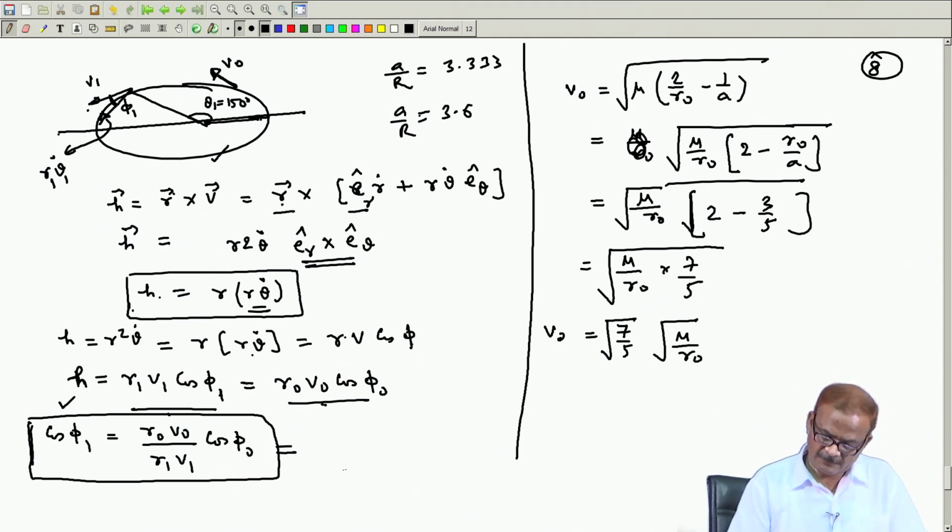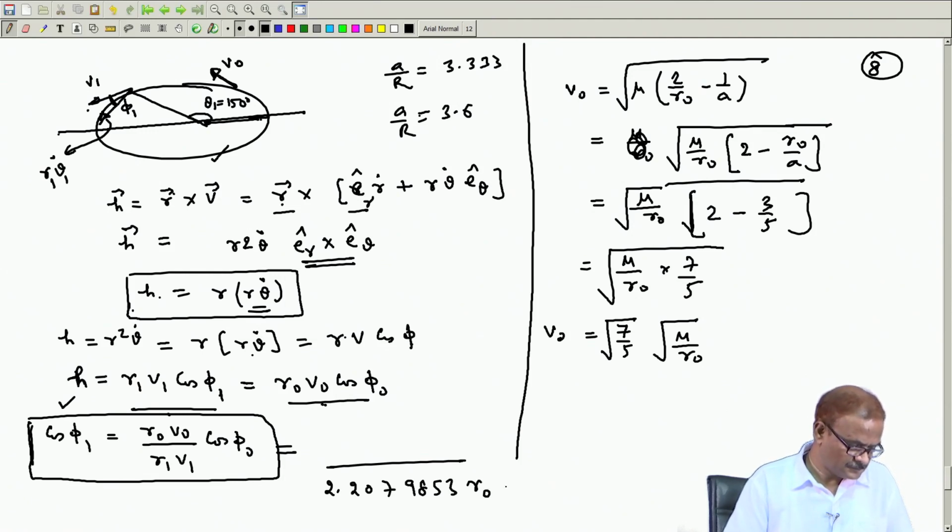R 1 we have calculated to be 2.207983 R 0, and R 0 is also given to us.